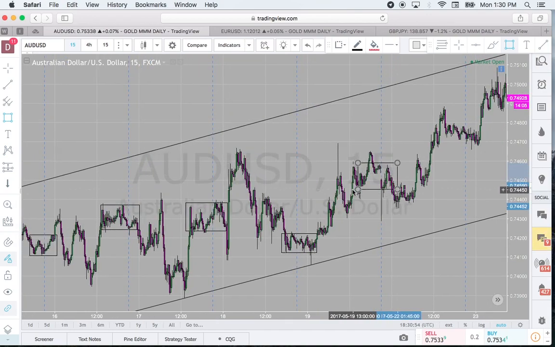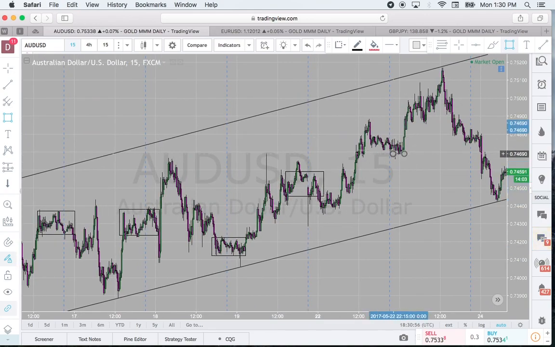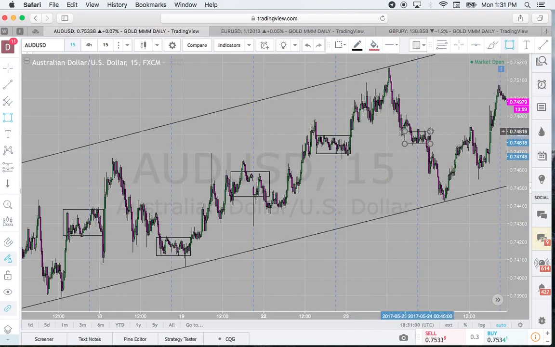So we'll get more in depth on how much range is occurring on each pair, how much the dealer can move per day and per week for each pair, in the coming lesson on the daily range.